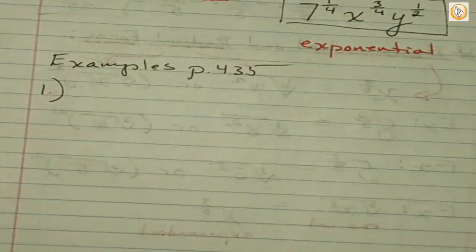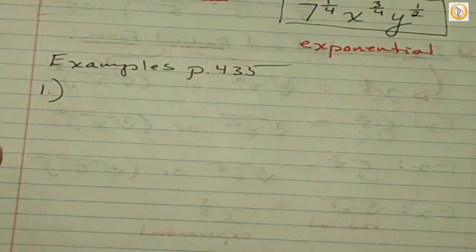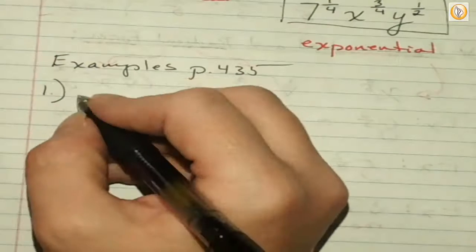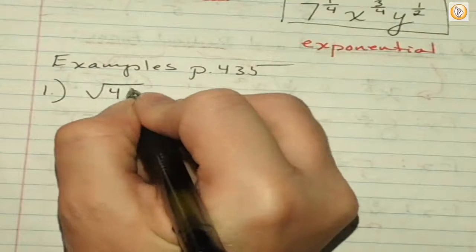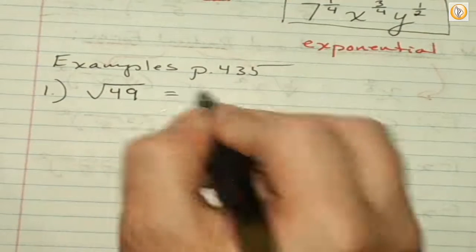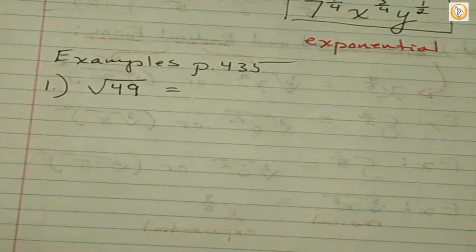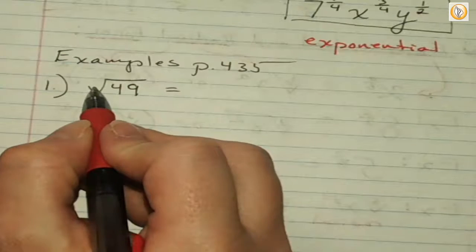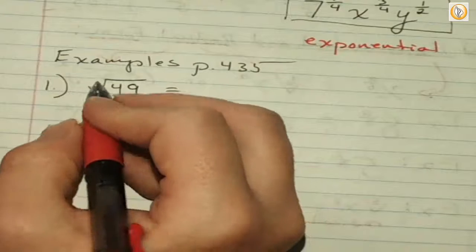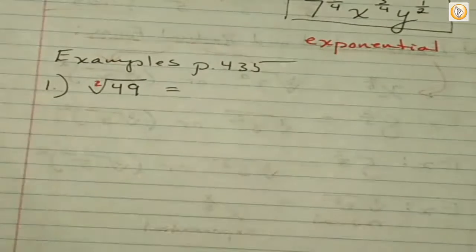The directions say, find the indicated roots. If the root is not a real number, then state not real. Number 1, the square root of 49. Now y'all see why it's called square root? Because of that 2. If there's nothing there, then we assume it's a 2.